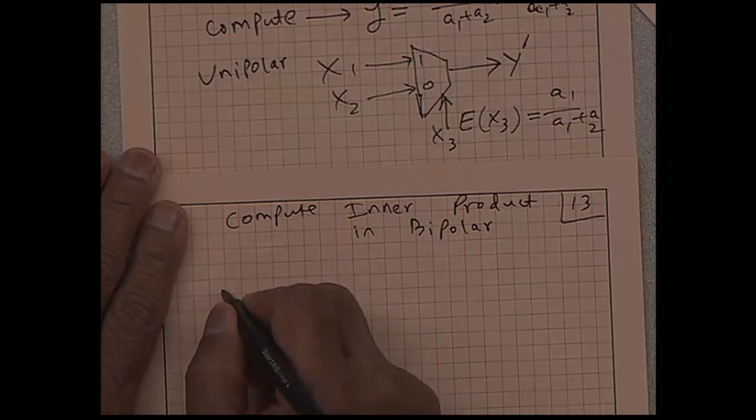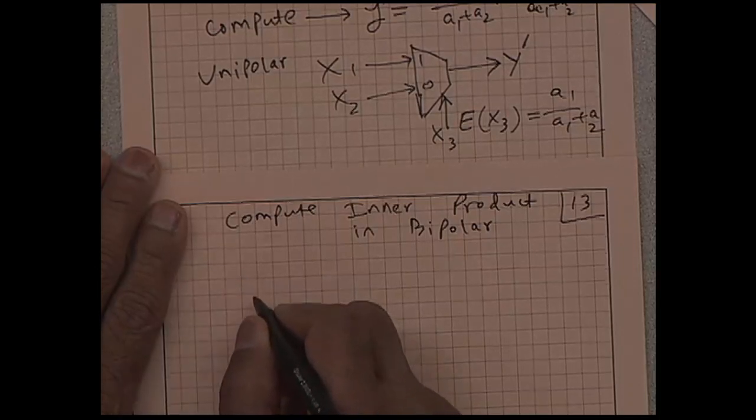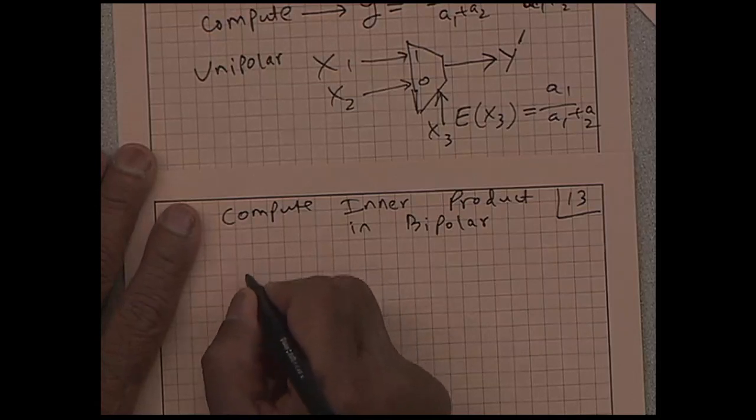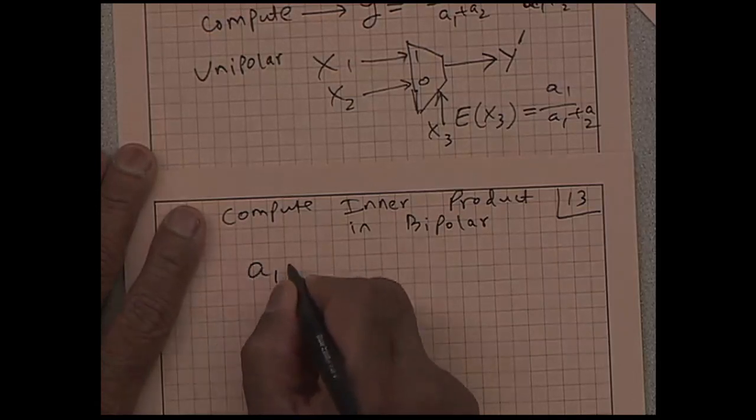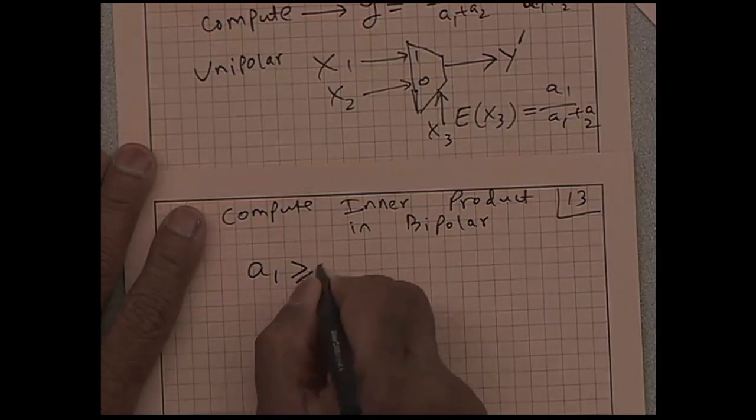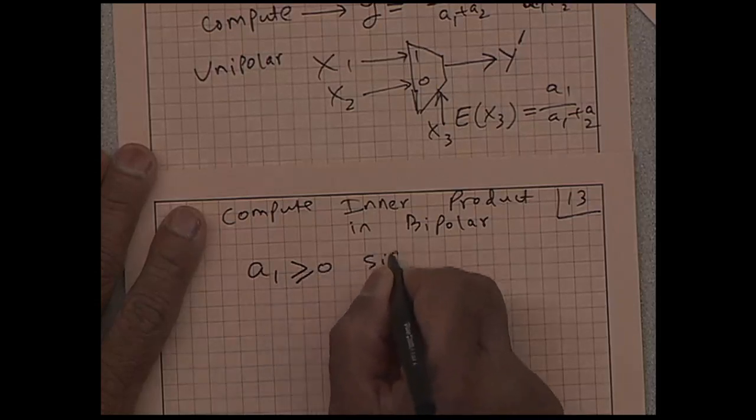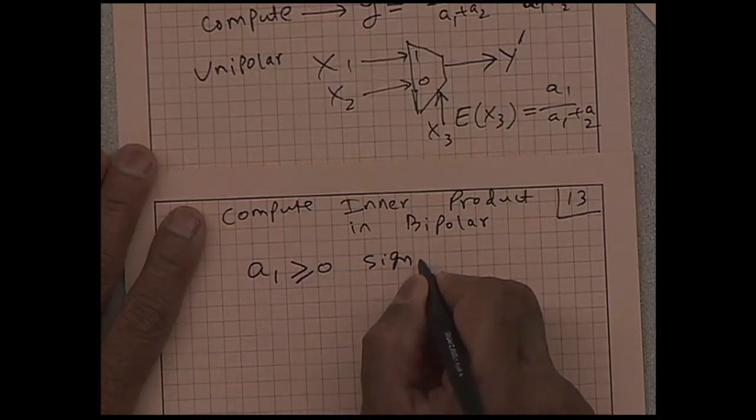So let's assume that sine, so A1 is greater than or equal to 0, means the sine is 1.